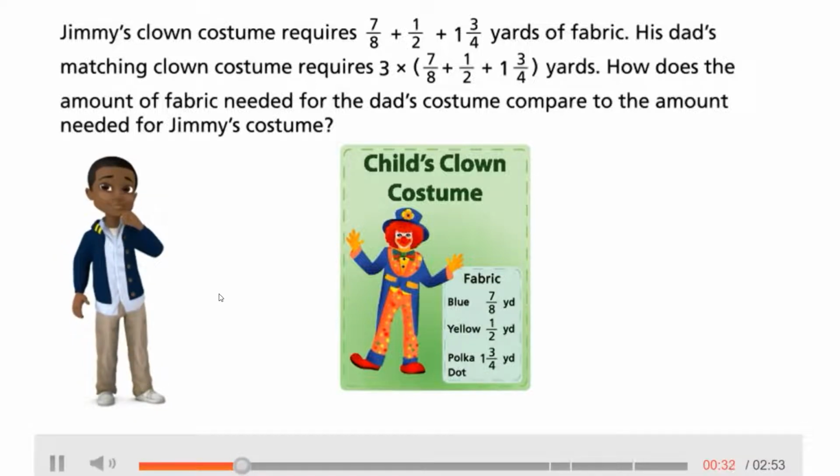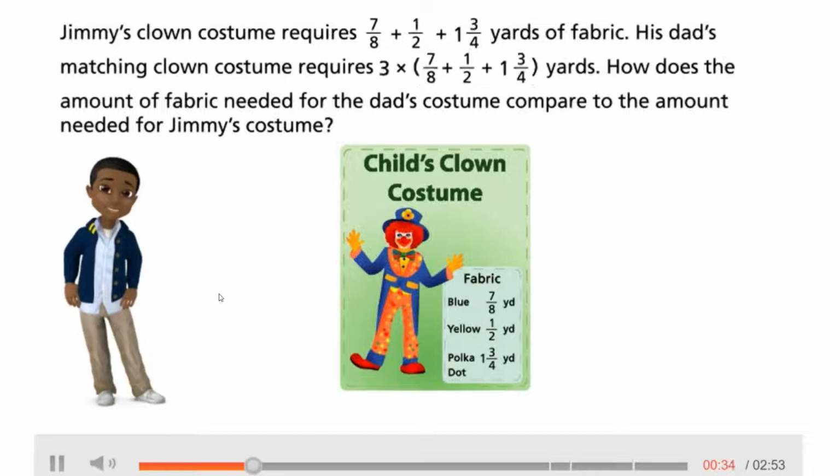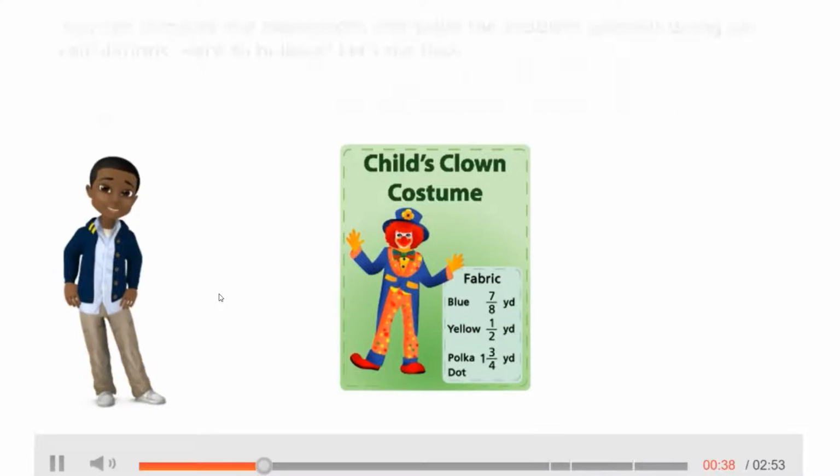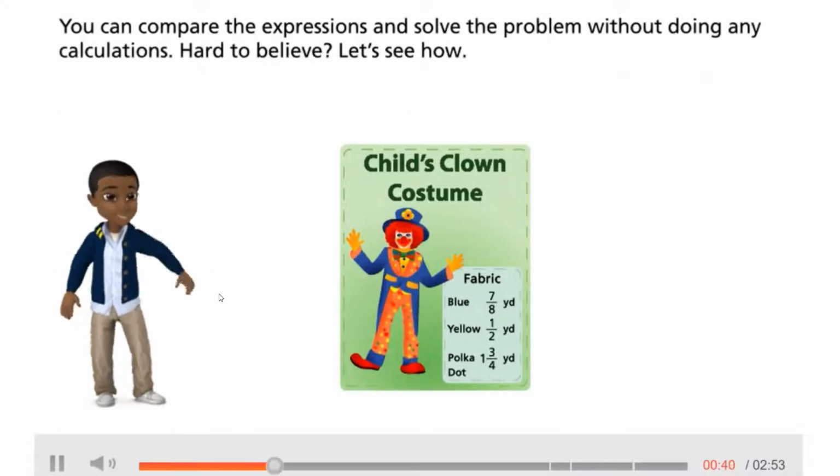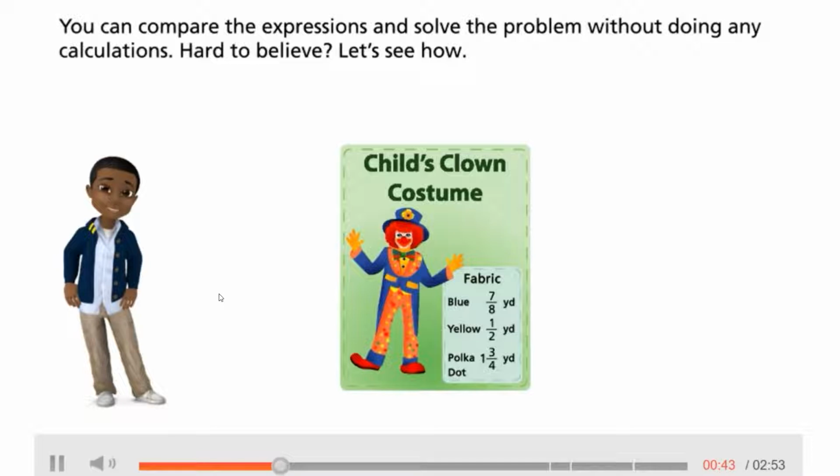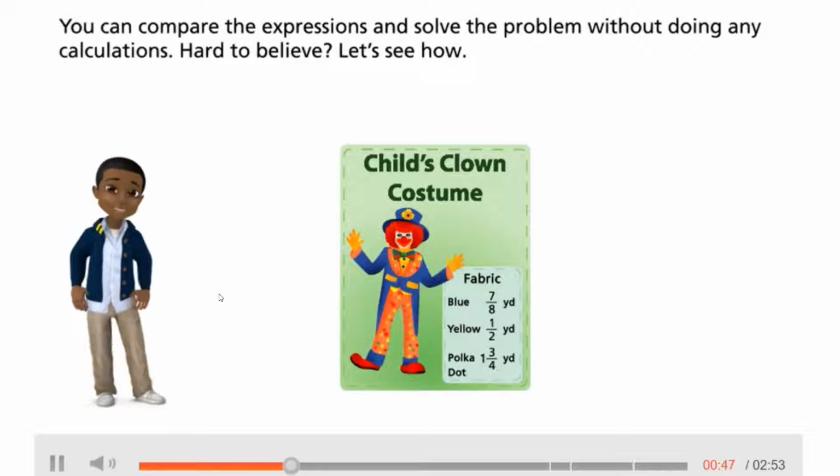How does the amount of fabric needed for the dad's costume compare to the amount needed for Jimmy's costume? You can compare the expressions and solve the problem without doing any calculations. Hard to believe? Let's see how.